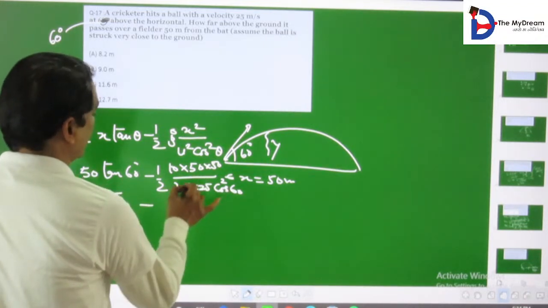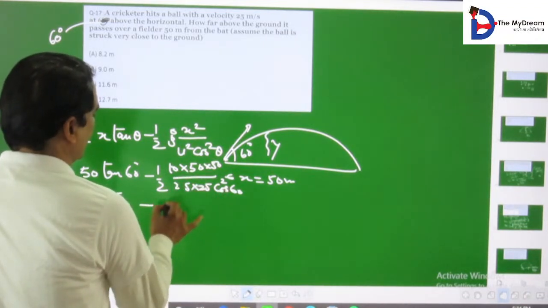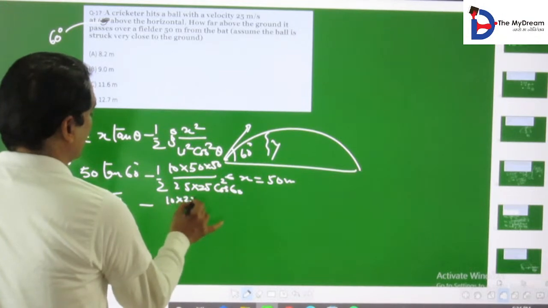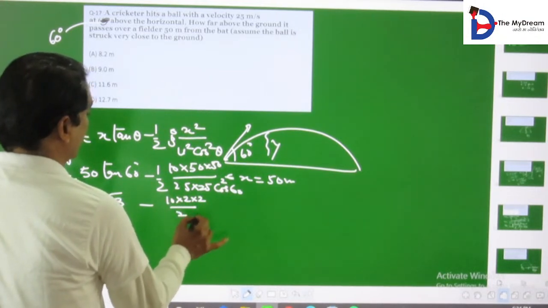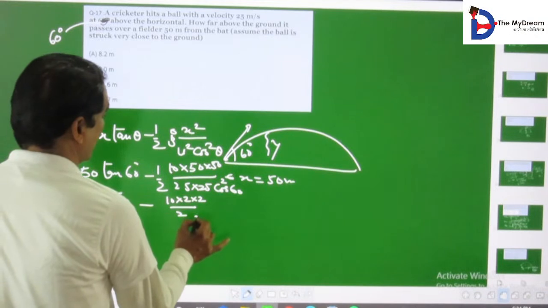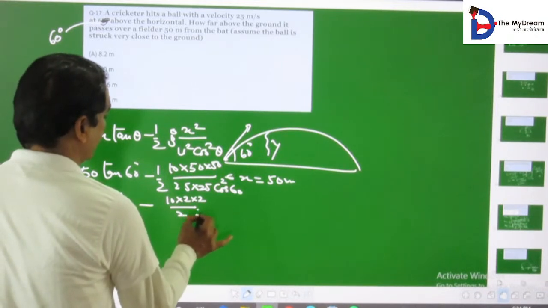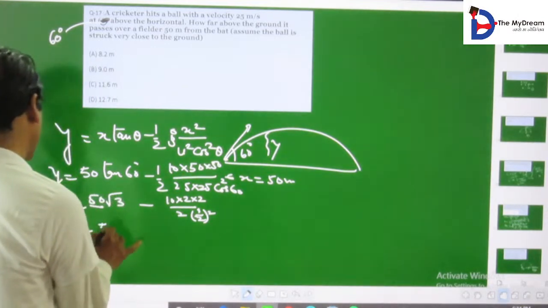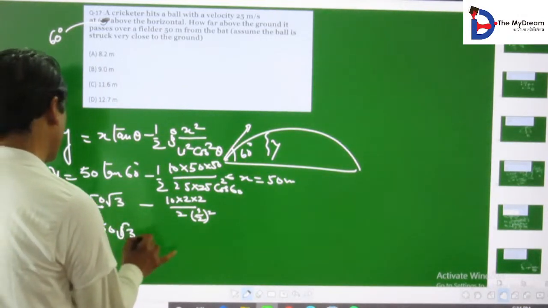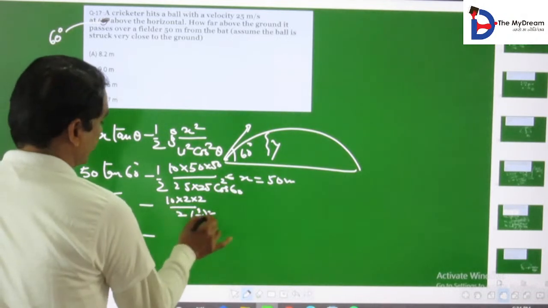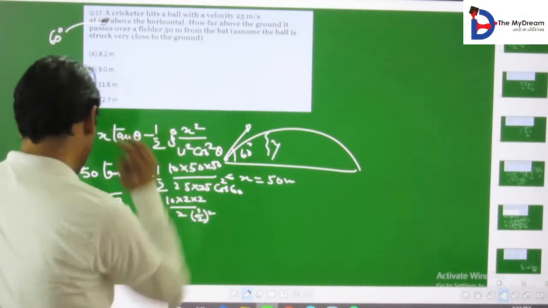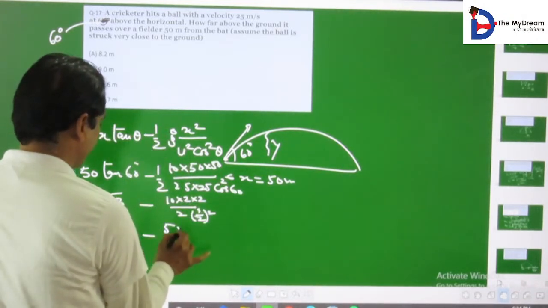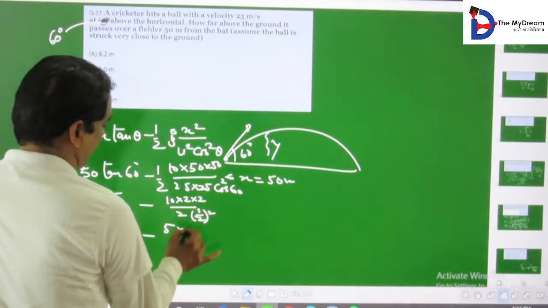Minus 10 into 2 into 2 divided by 2 cos 60, half, 50 root 3. This is of 5 into 16.